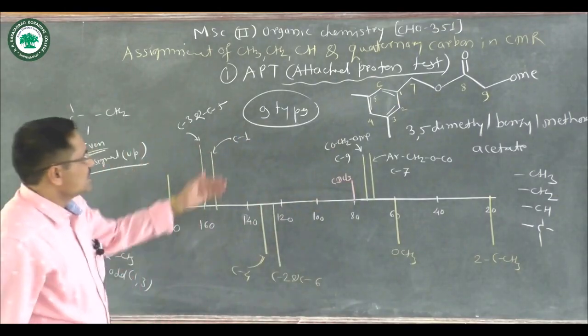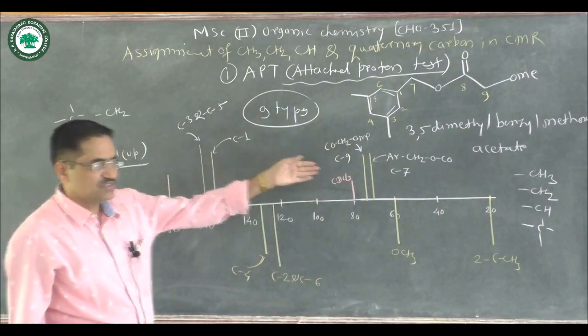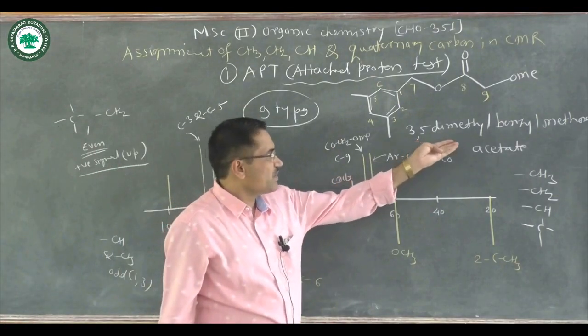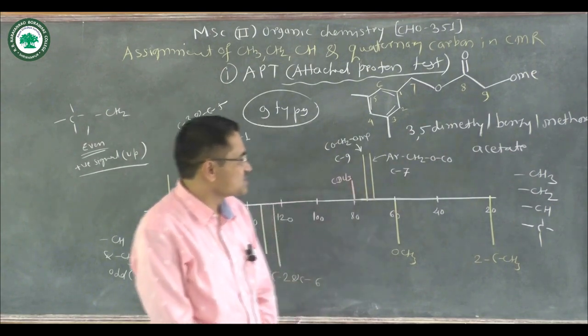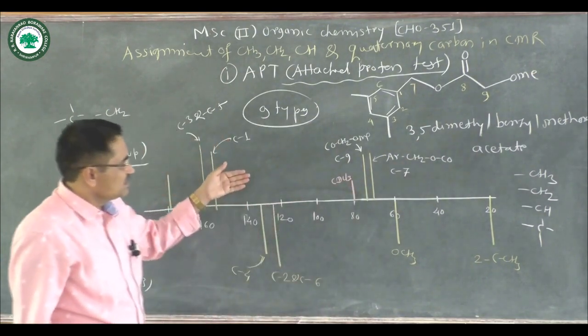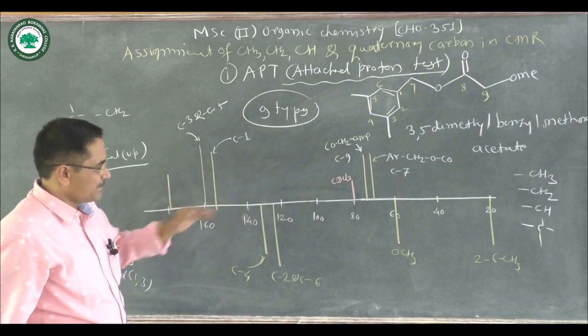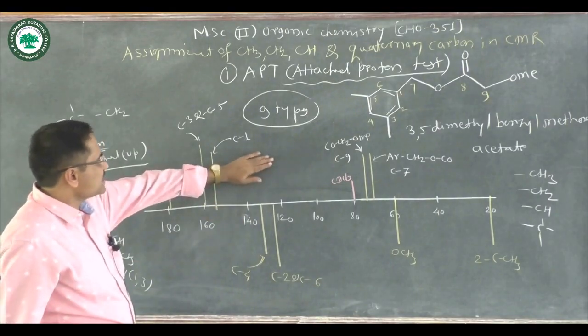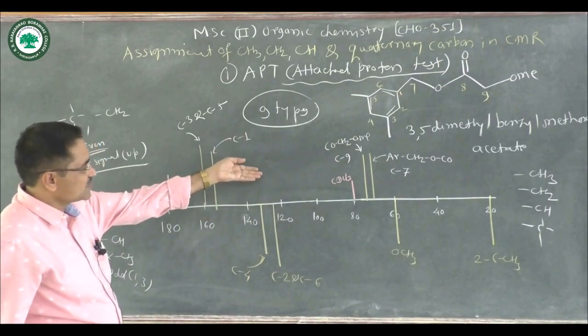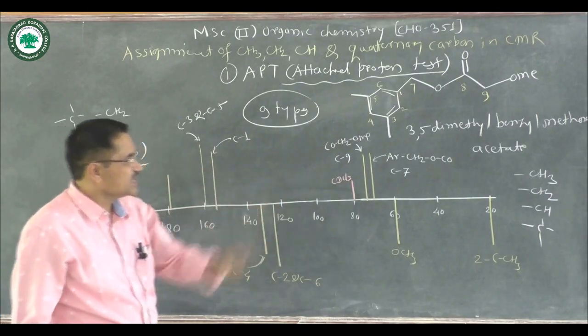When we apply the APT test on this 3,5-dimethyl benzyl methoxy acetate, we obtain such a spectra. Here the upper side is positive signals and the downward side is negative signals.